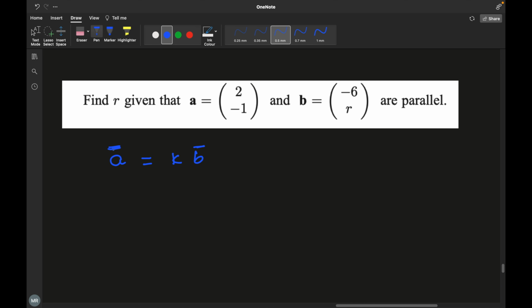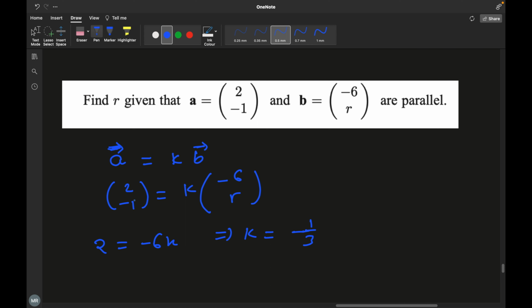This is the notation for a vector, or you can use an arrow, or you can make the letters bold, whatever you want. So A is (2, -1), k into (-6, r). We can equate the top half of the equation, so it's 2 is -6k. And the value of k is -1/3.